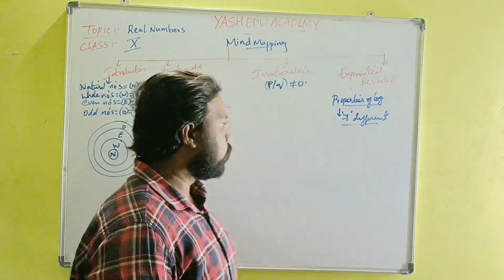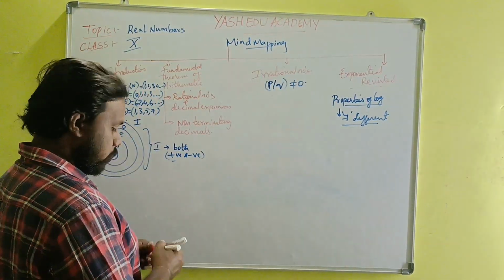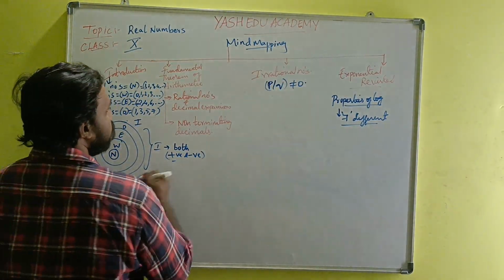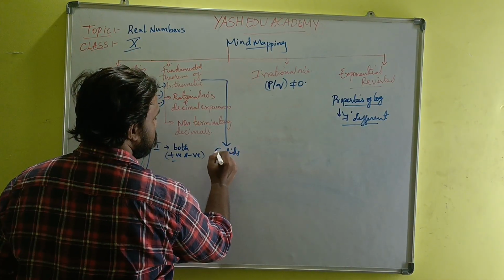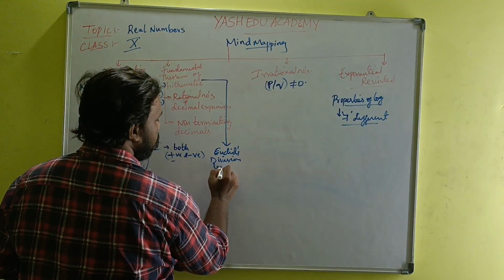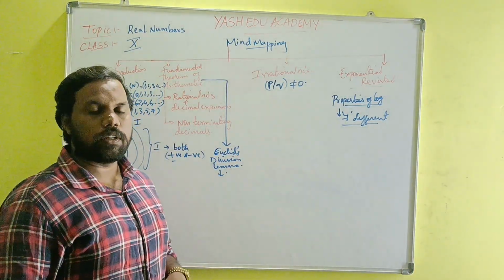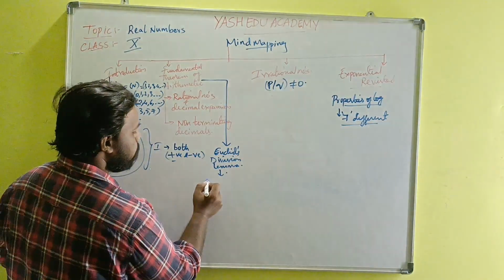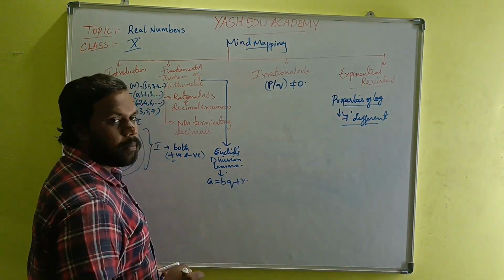After this, the fundamental theorem of arithmetic. In this, we have a theorem called Euclid's division lemma. Based on Euclid's division lemma, we have the equation a = bq + r.